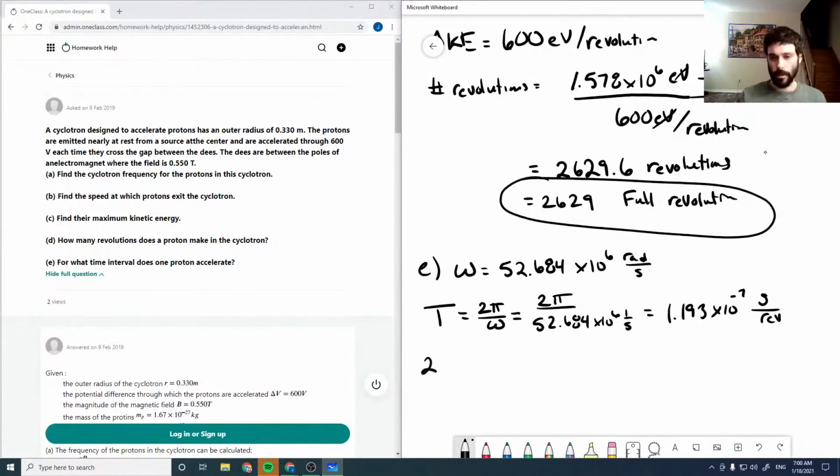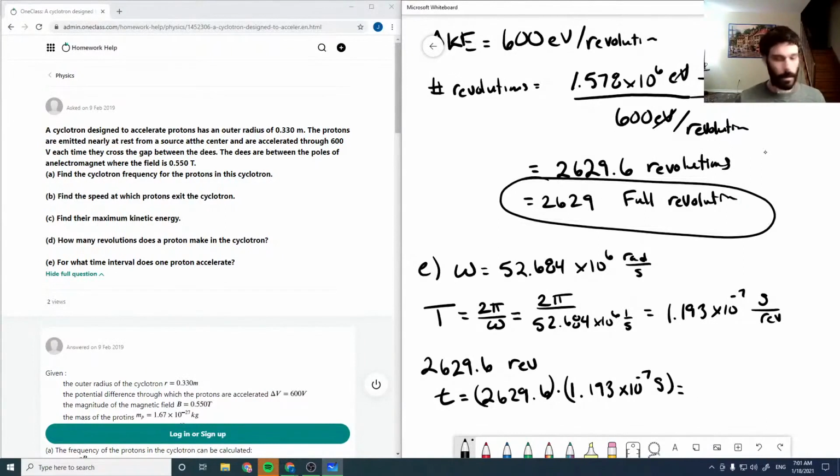So if we have 2629.6 revolutions, then our full time will be 2629.6 times our period per revolution, so 1.193 times 10 to the minus 7 seconds.